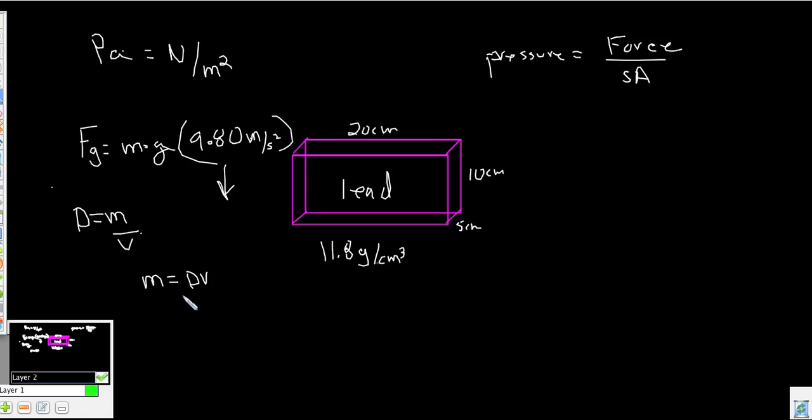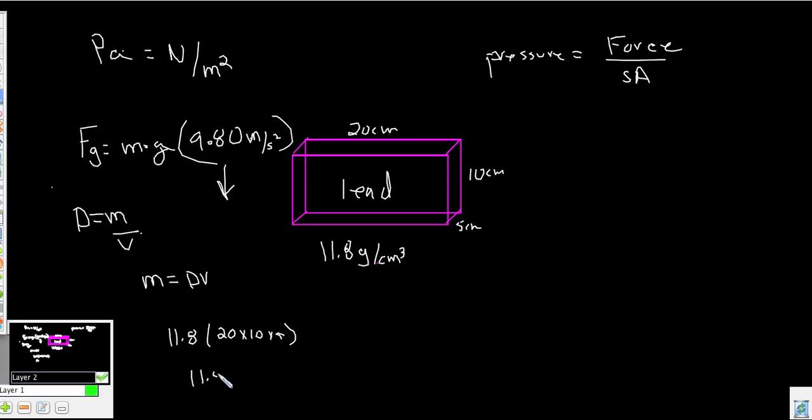So the force here is going to be, let's see, what's going to be the mass? So the mass is going to be 11.8 times my volume, which is going to be 20 times 10 times 5. So that's actually 1,000. So this is going to be pretty easy.